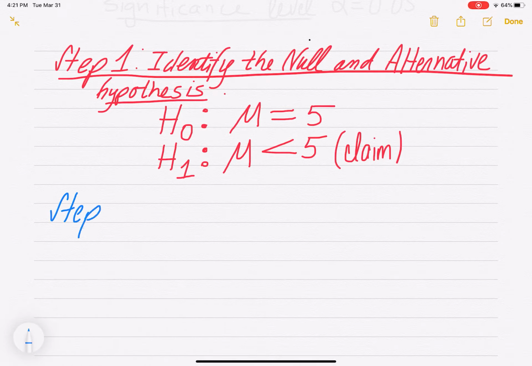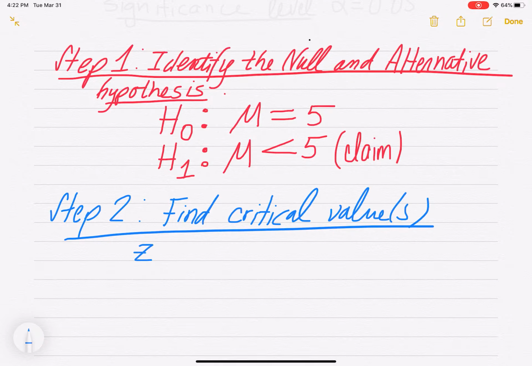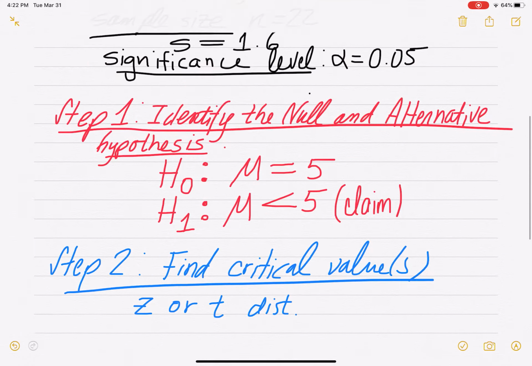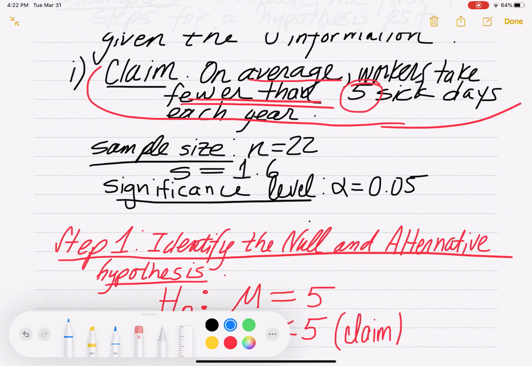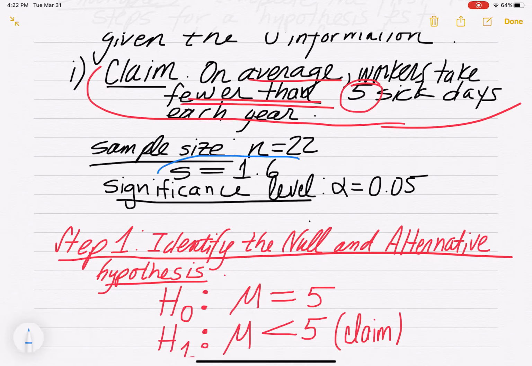Basically we're going to find our critical values. The first thing we have to figure out: are we using the Z distribution or the T distribution? Well, let's go back. Do we have the population standard deviation? No, we don't. We have the sample standard deviation here.